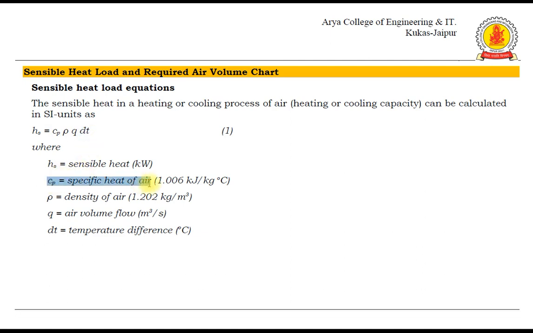Here the value of Cp we know is 1.006 kilojoule per kg degree centigrade. Density of air is taken for practical purposes as 1.202 kg per meter cube. Q is air volume per second and dT is temperature difference. So we can calculate sensible heat directly in kilowatt.